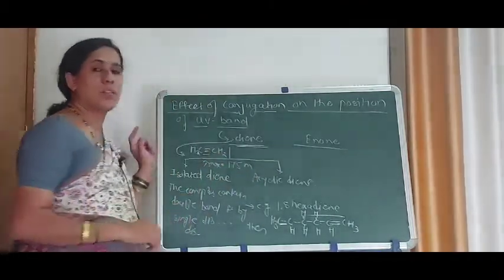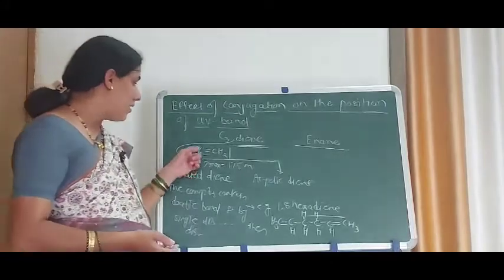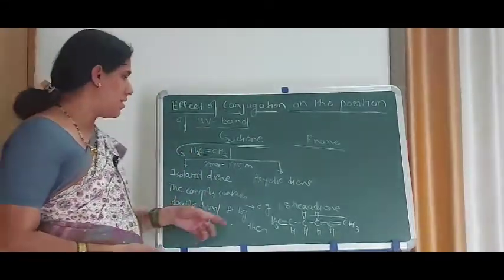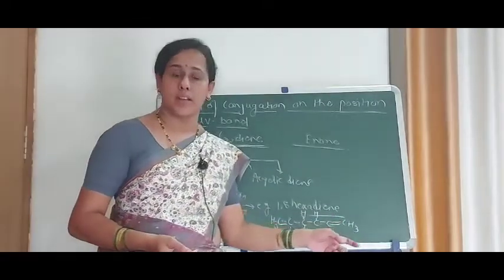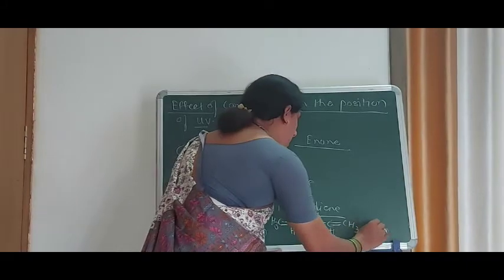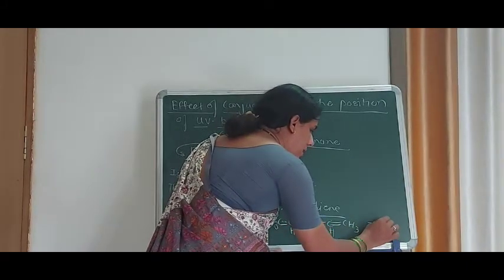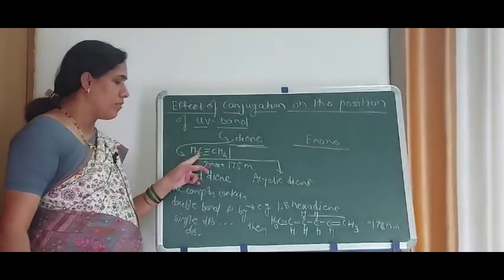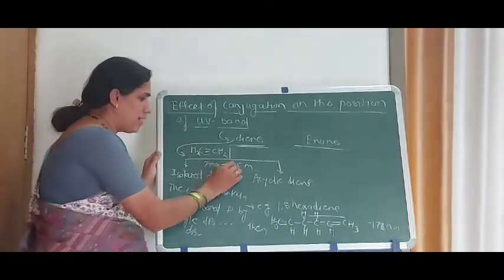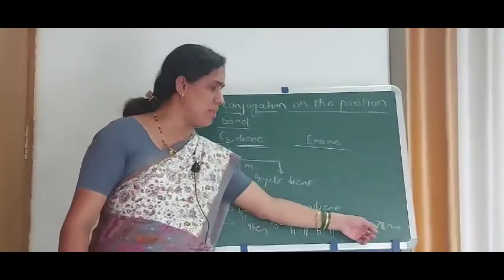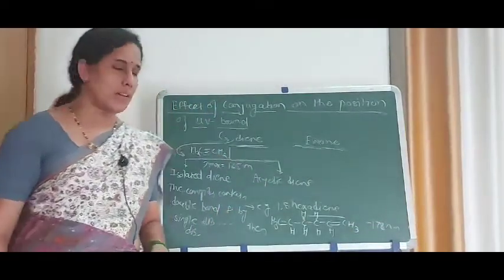And if the conjugation is increased, the absorption wavelength also increases. In case of 1,5-hexadiene, the value is about 178 nanometer, compared to about 165 nanometer, but this value is about 178 nanometer.